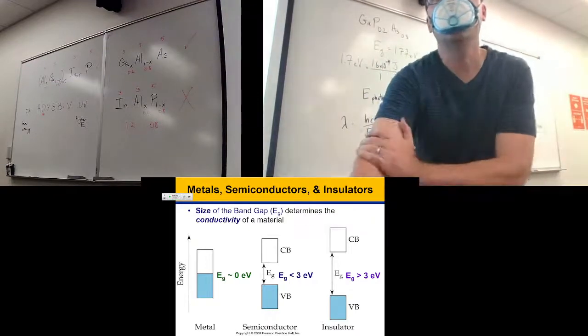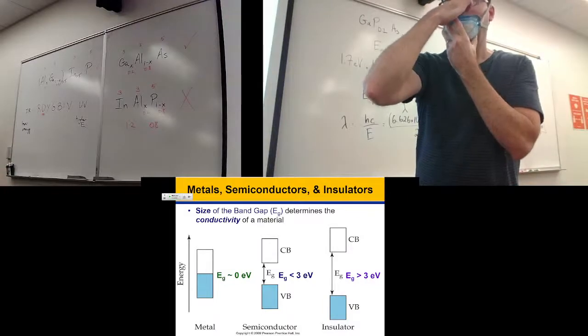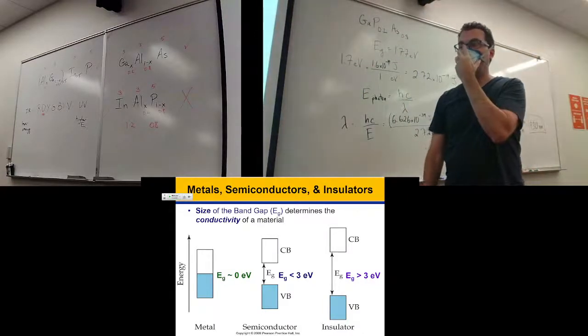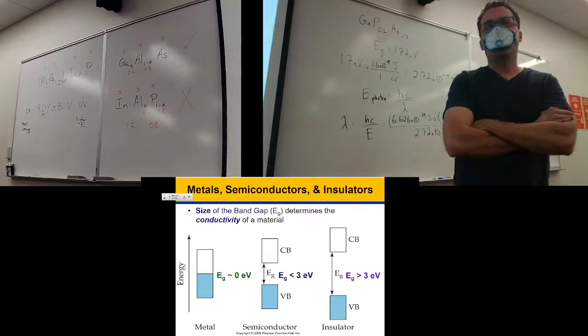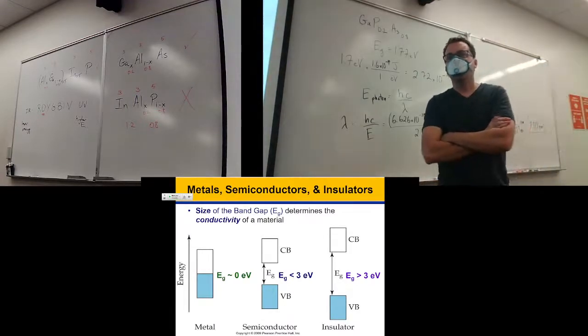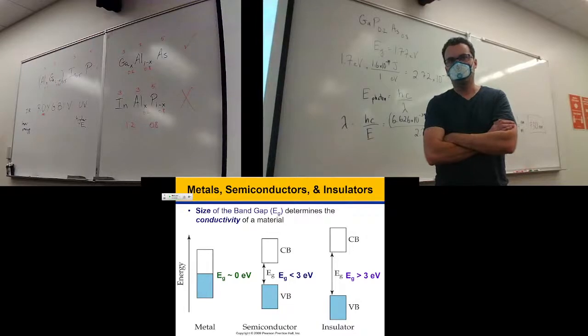Question: does band gap give resistance in wire? No. So this is another factor that we're kind of ignoring. Let me think if I can explain. So resistance is purely friction of electrons moving through the MOs.